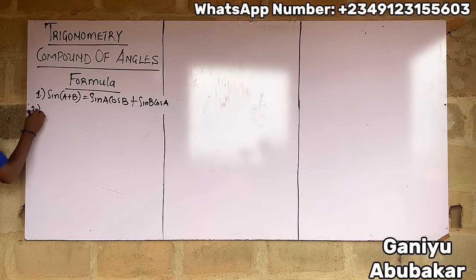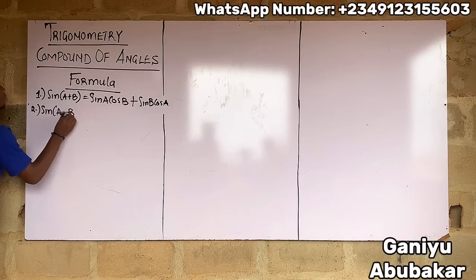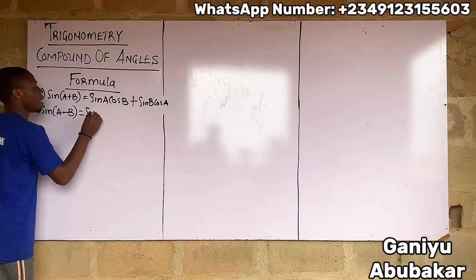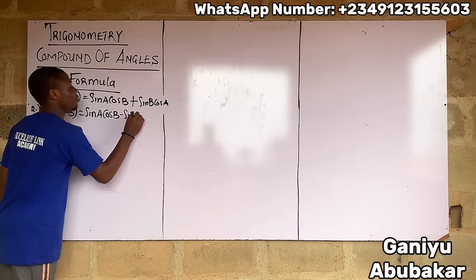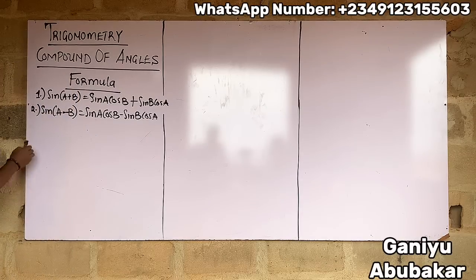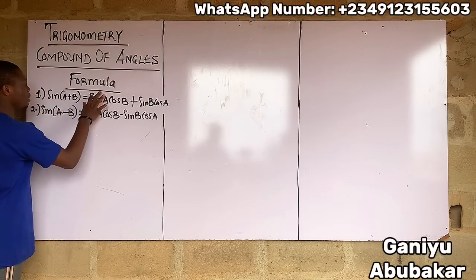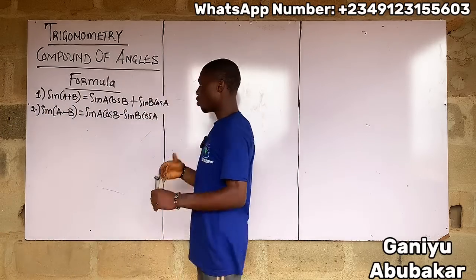Number two, sine A minus B. This will give sine A cos B minus sine B cos A. This is for sine. This is for sine A plus B, and this is for sine A minus B. So note these two expressions for sine.